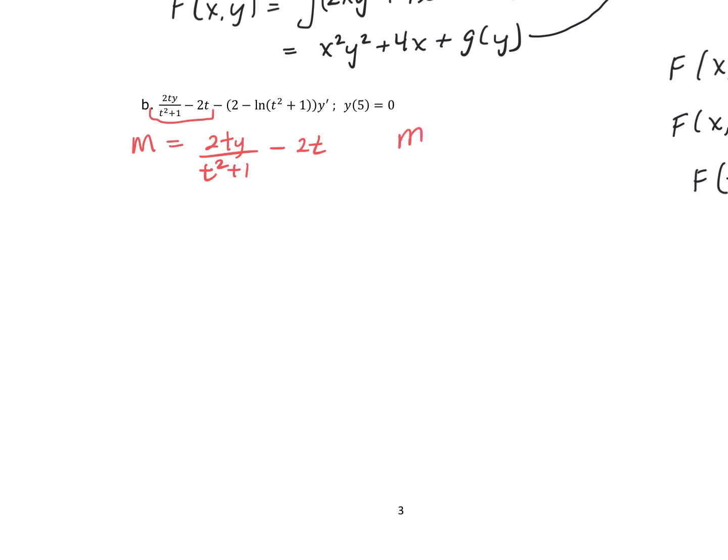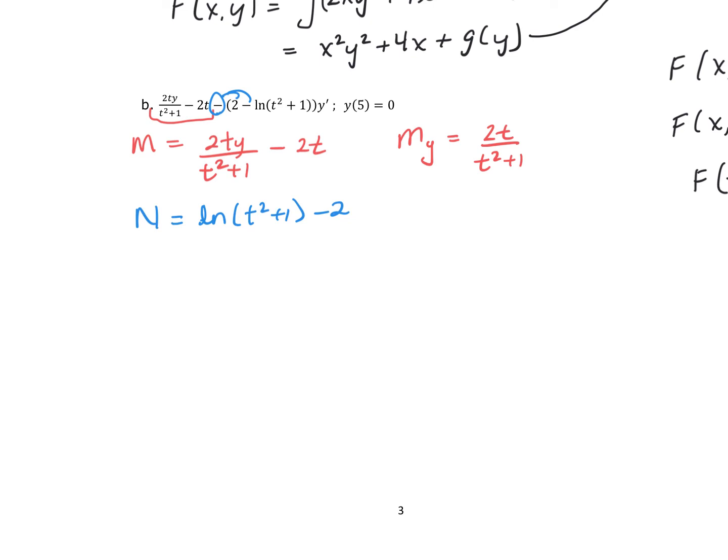My partial derivative with respect to y is going to give me 2t over t squared plus 1. My n must be equal to, and I am going to pull the negative through n, and so my n is going to be the positive natural log of t squared plus 1, and then minus 2.